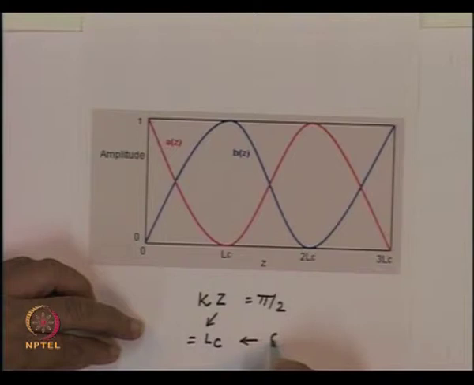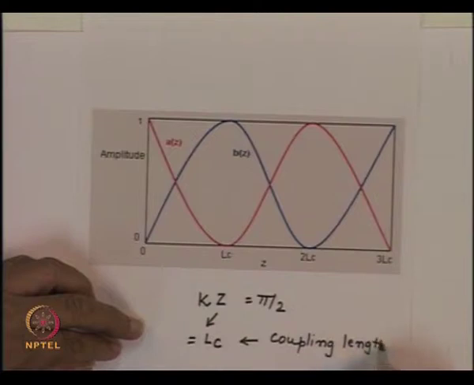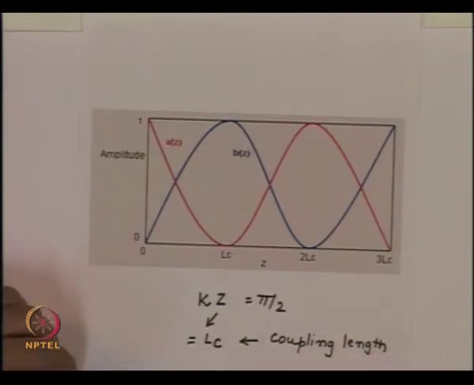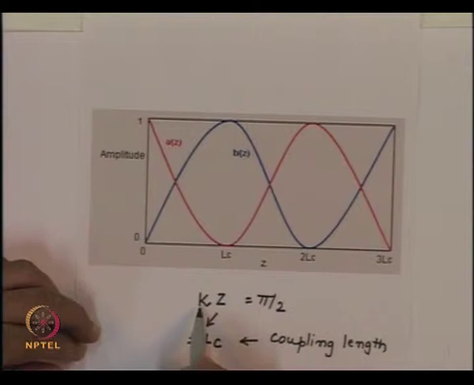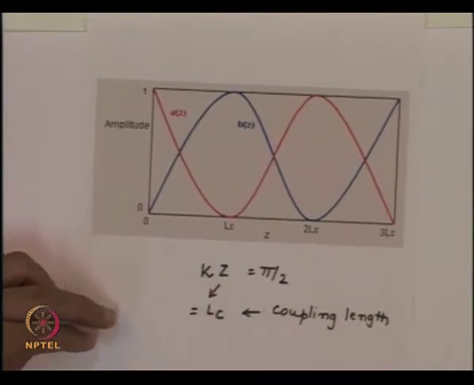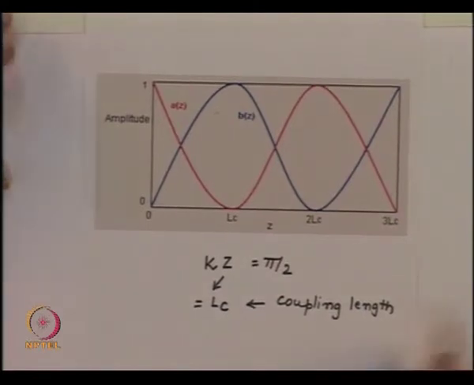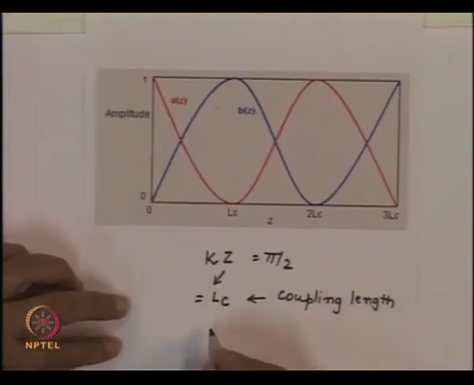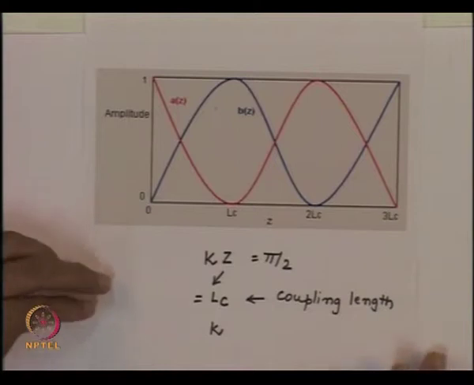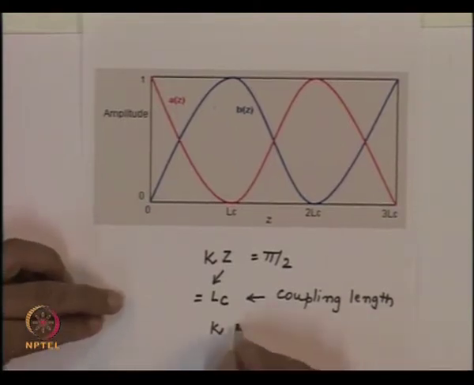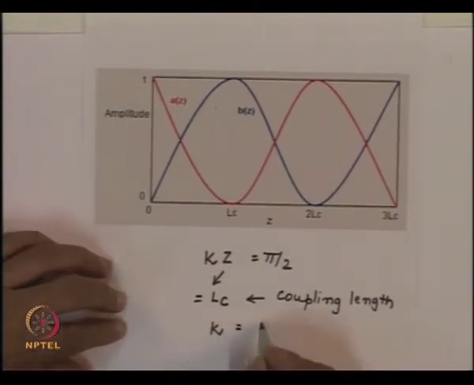So we have this characteristic parameter now, and we can give a physical meaning to the coupling coefficient which we defined. From here we can write the coupling coefficient K, that will be equal to pi divided by 2 LC.